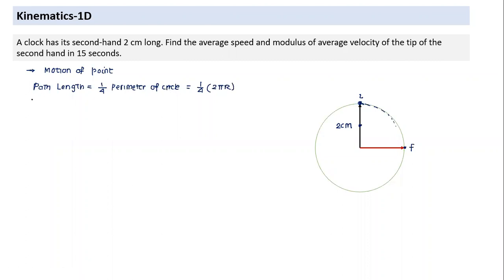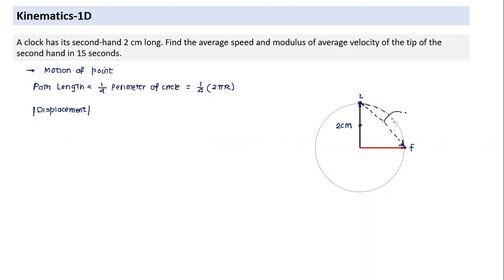I can substitute. And what would be the magnitude of displacement here? How do we calculate it? For displacement, first of all, I need to find the displacement vector. I find the displacement vector by connecting, since it's a vector quantity, the initial point to the final point by an arrow. The tail of the arrow is at the initial point and the head of the arrow is at the final point.